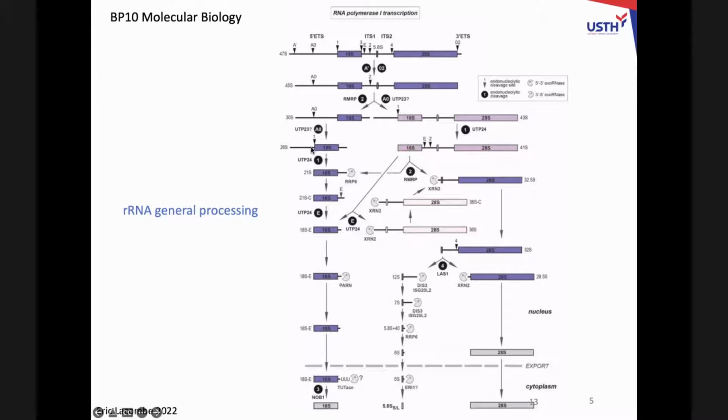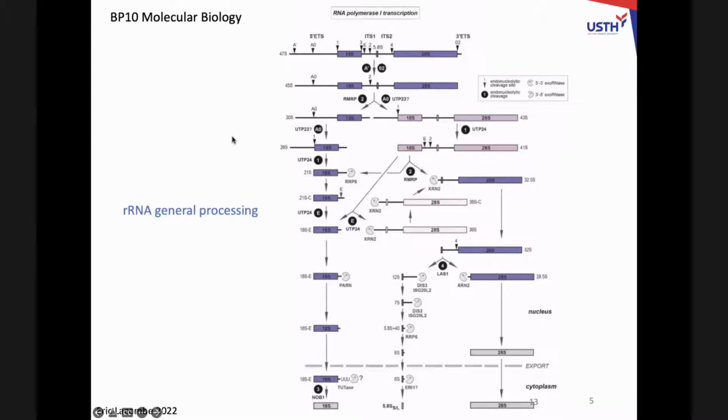From here, there is one enzyme that is going to remove the 3' part of this precursor of the 18S RNA, and so on and so on. You see there is also exonuclease activity that is required for this step, and also for the 5.8S.